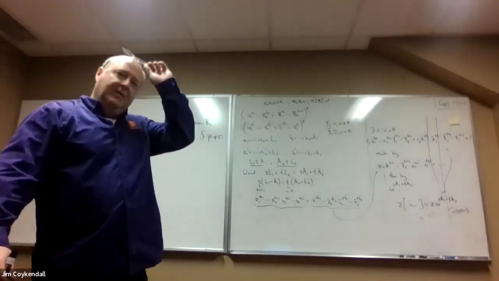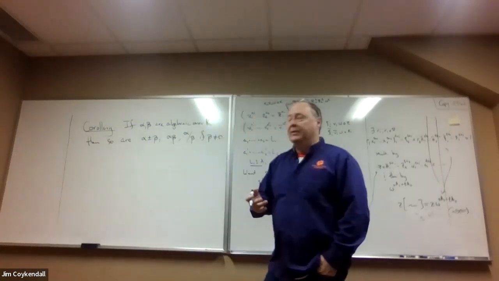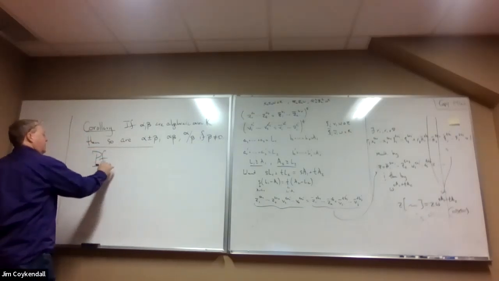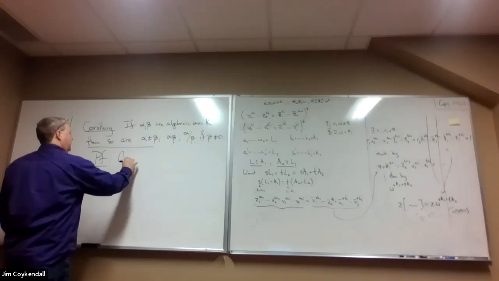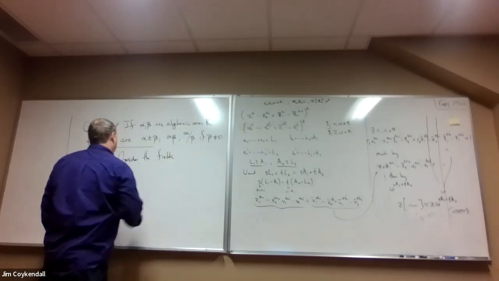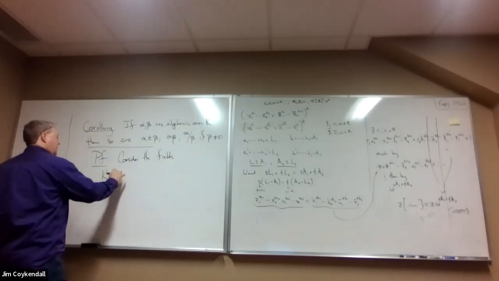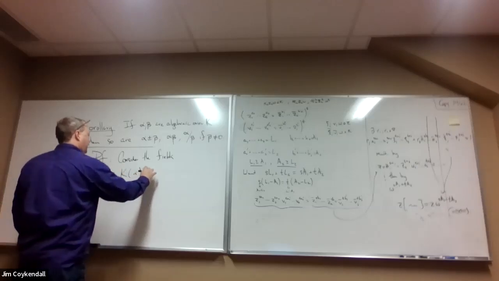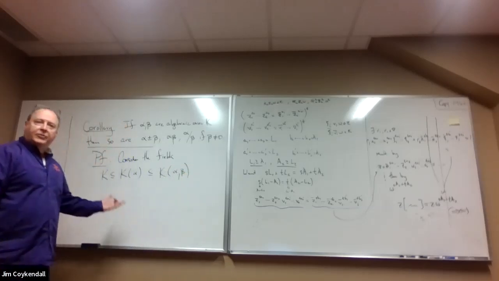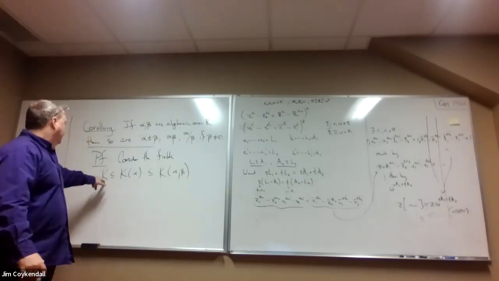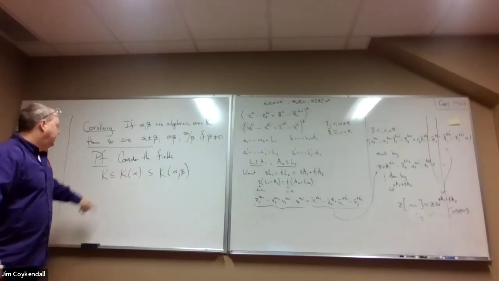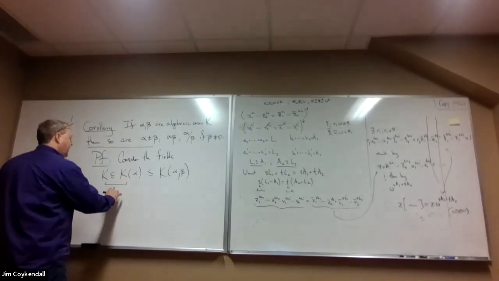Okay, so here's kind of the magic of what we did last time. You consider this small tower of fields. Here's the original field K. Alpha is algebraic over K. The extension here must be finite.